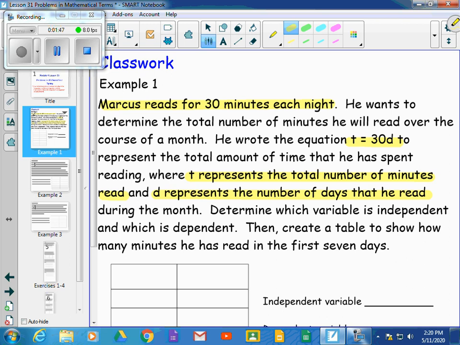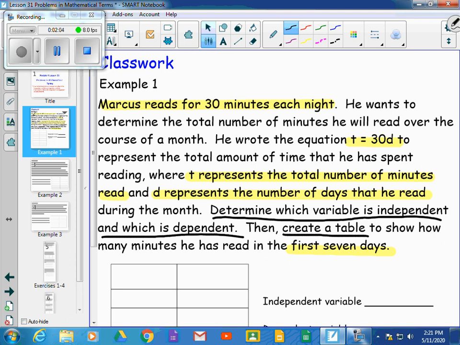And we're going to create a table later on for the first 7 days. Now what we have to do with that information, look for the action words here, we're going to determine which variable is independent and which one's dependent, and then we're going to create a table to show how many minutes he's read in the first 7 days.